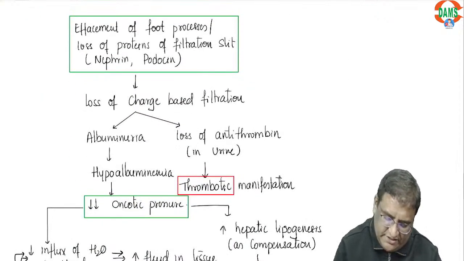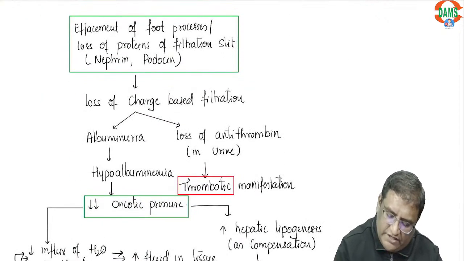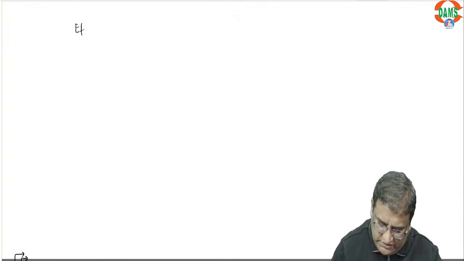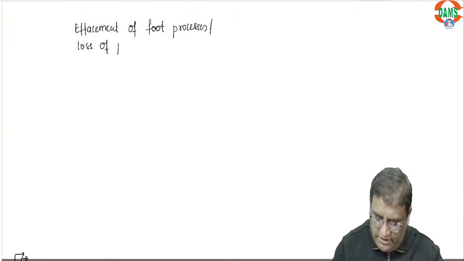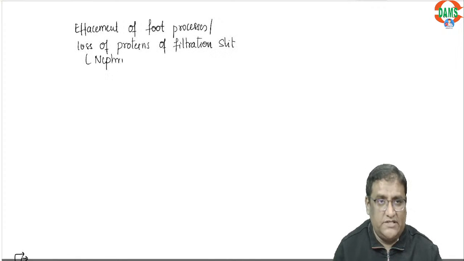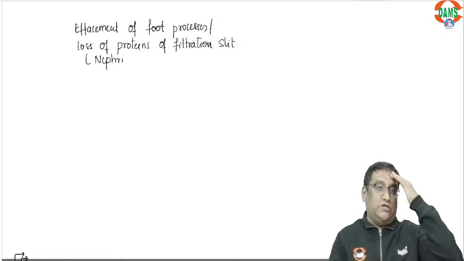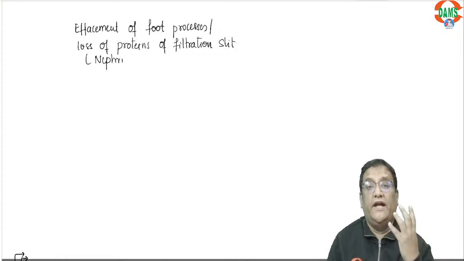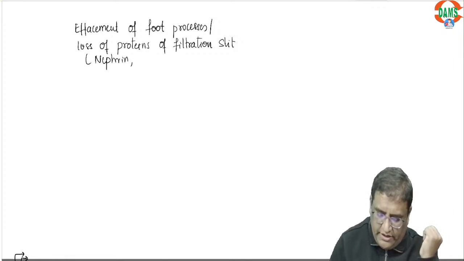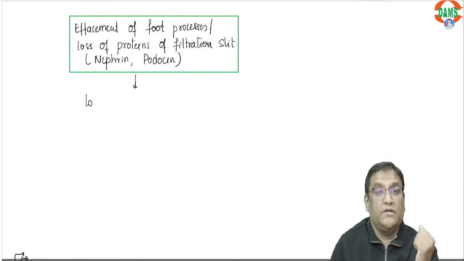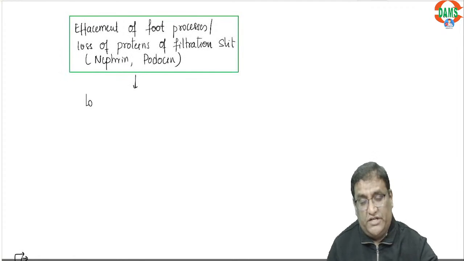Next is effacement of foot processes. Another pathology, let us discuss. If there is effacement of foot processes, or loss of filtration slit proteins, it can be a congenital loss, like nephrin and podocin deficiency. Congenitally, nephrin and podocin are deficient, same problem.